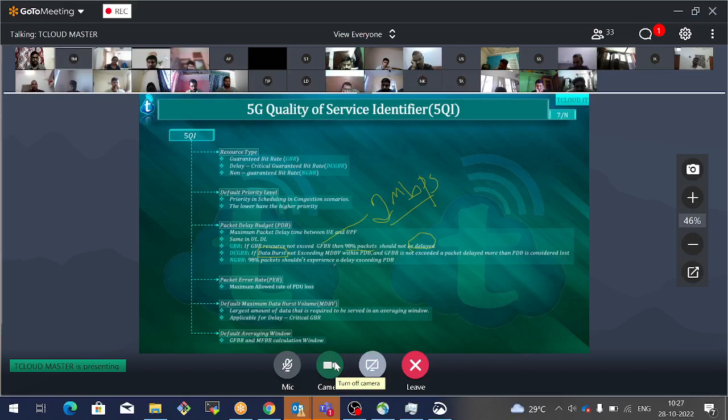If the data burst is not exceeding a separate factor called MDBV, which we'll introduce later, within the packet delay budget time, and GFBR is not exceeded, and if the packet is still delayed more than whatever PDB value is set, even when these conditions are met, you have to consider that packet as lost. That much importance we give. Not even 1% of the packets should be delayed here, like 0% in this case.